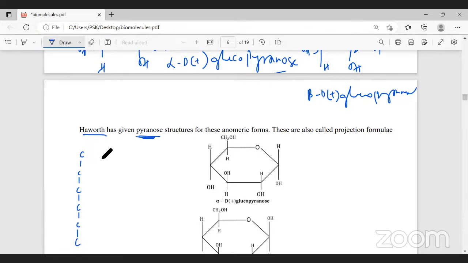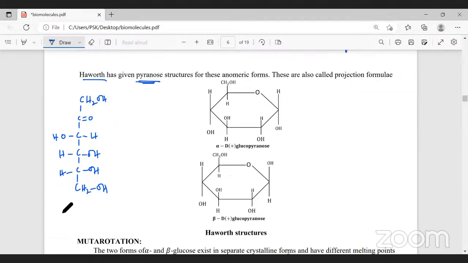The first carbon atom and the 6th carbon atom, we write as primary alcohol. And the second carbon atom is a ketone group. Third carbon atom, hydrogen on the right-hand side. Fourth carbon atom, OH. Fifth carbon atom, OH on the right-hand side. So the rest, if OH is on the right-hand side, H is on the left-hand side. This is the structure of fructose.